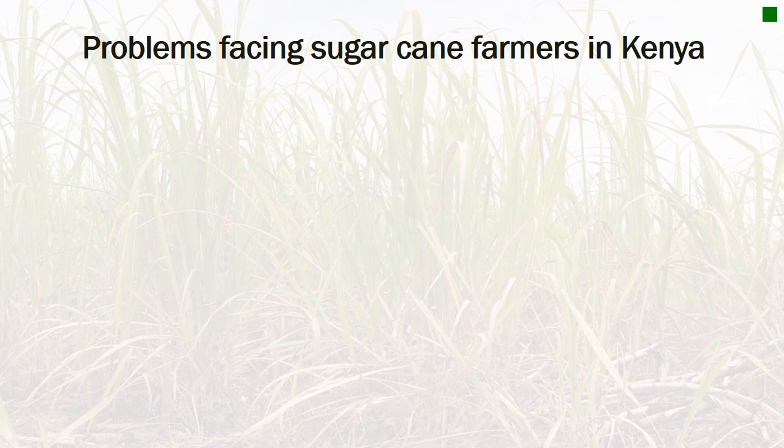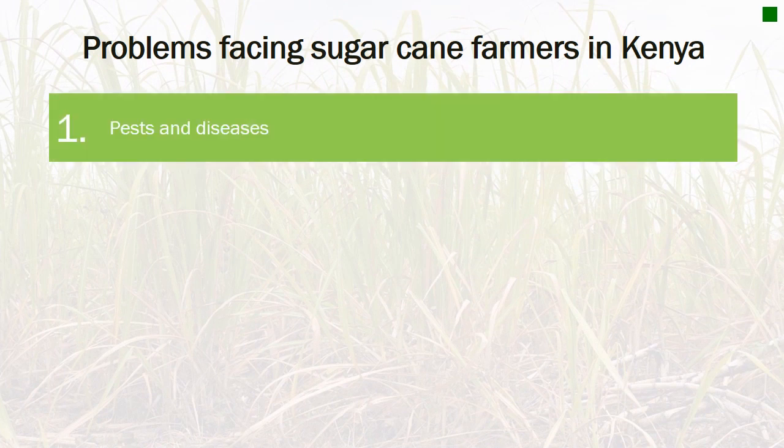We have problems facing sugarcane farmers in Kenya. The first one is pests and diseases such as ratoon stunting, yellow wilt, leaf spots, white scales, and termites. These lower the yields and the quality of sugarcane. 2.